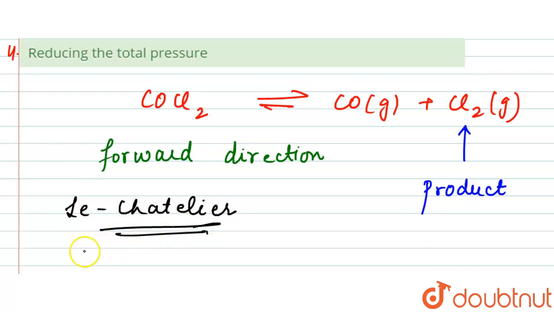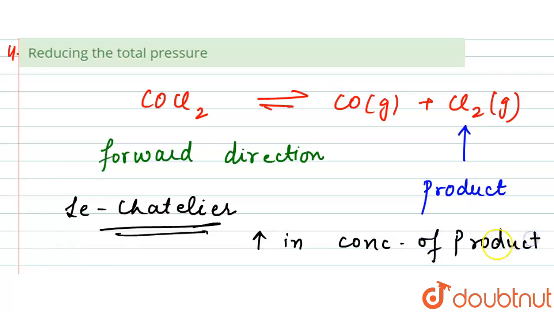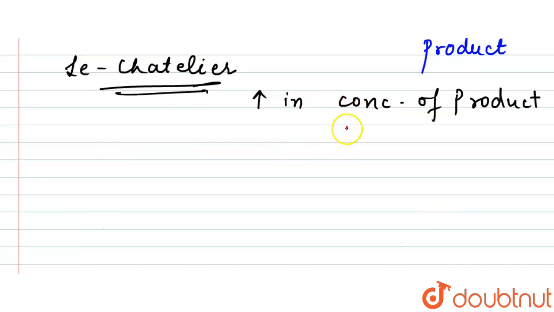Le Chatelier's principle is that when an equilibrium is subjected to a change of concentration, temperature or pressure, it tells us in which direction the equilibrium shifts to undo the effect of the change imposed. When we increase the concentration of the product, the equilibrium shifts in the backward direction.